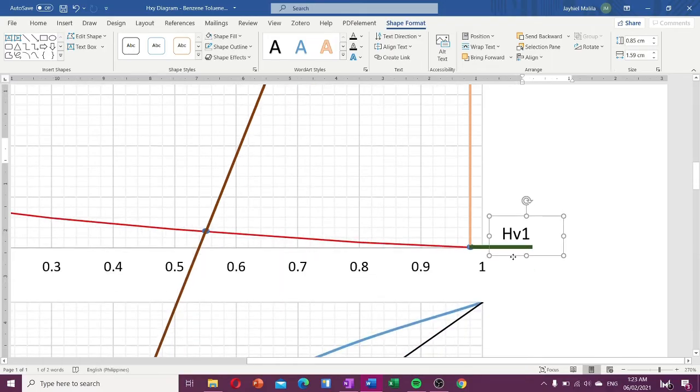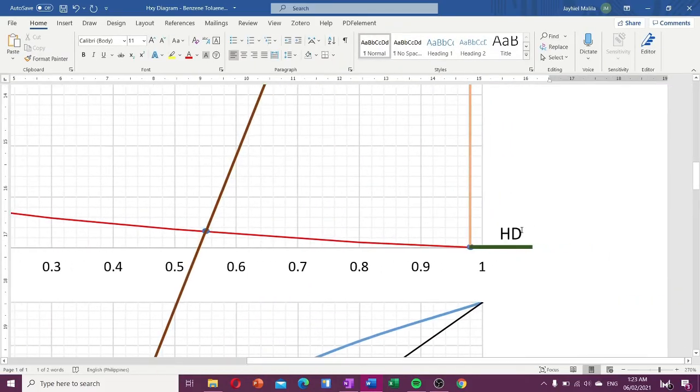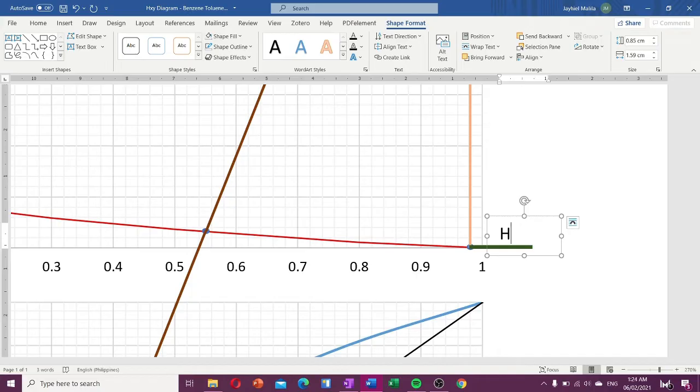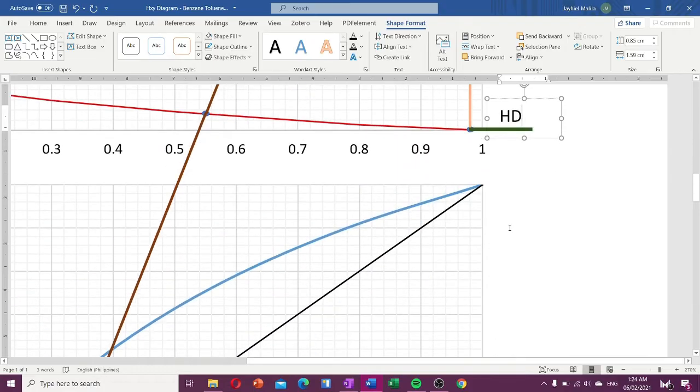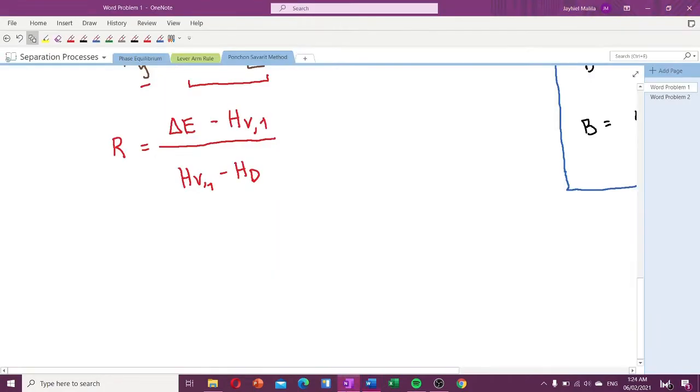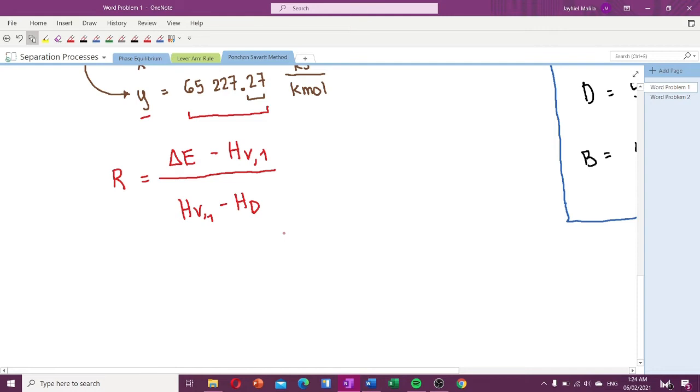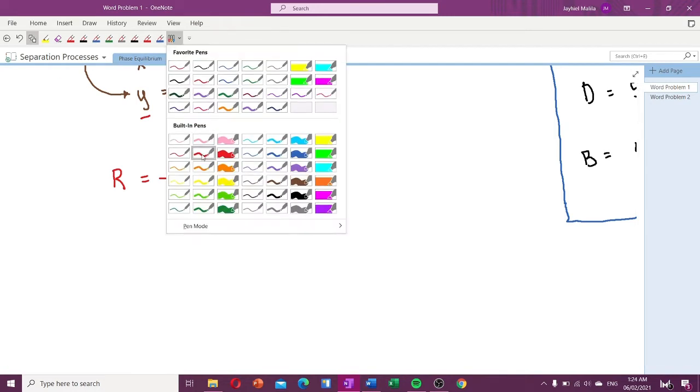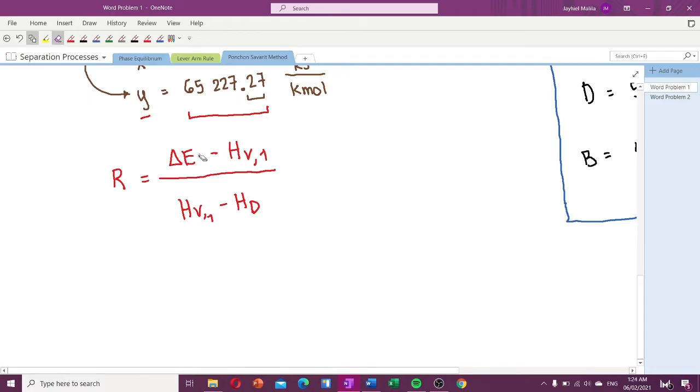Remember that my HD is not equal to 0, okay? It's just not really accurate here in the diagram. But according to my calculations, the value of my HV1 is equal to 30,909.09.